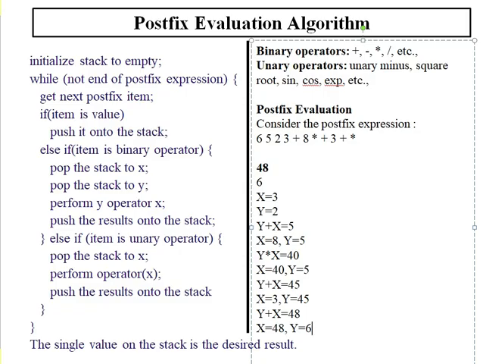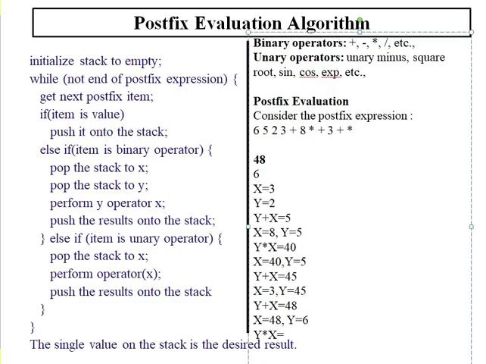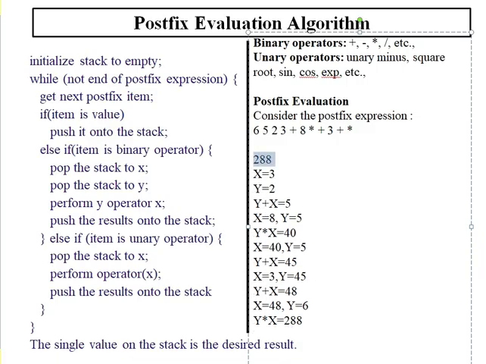So it is a multiplication. So y times x is equal to 48 times 6, which is 288. So finally we have 288. So this is the final result of the given postfix expression.